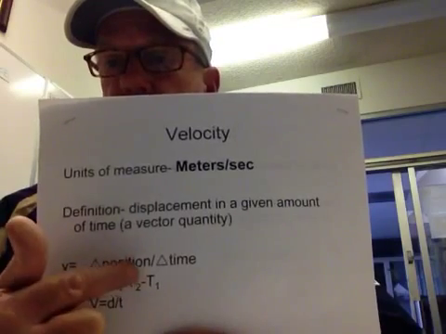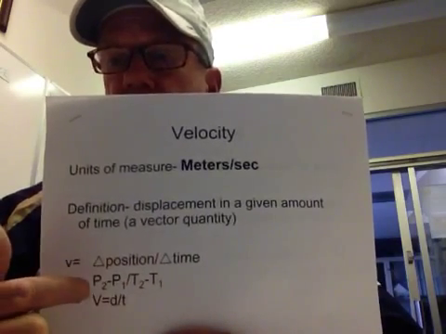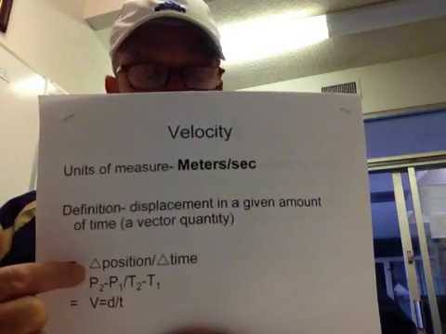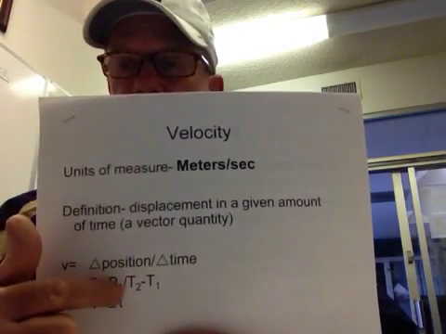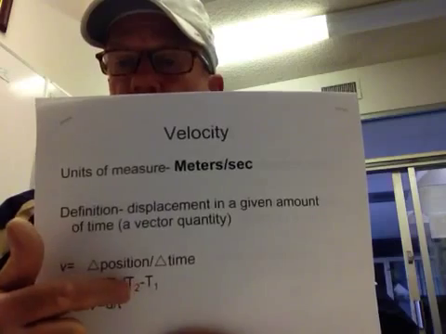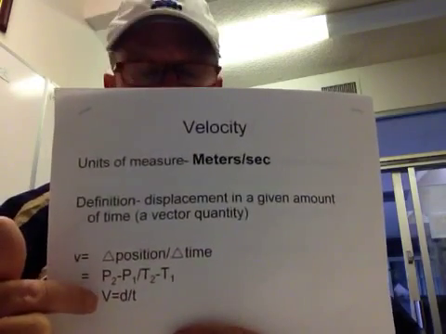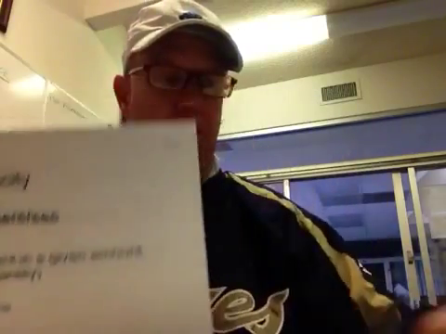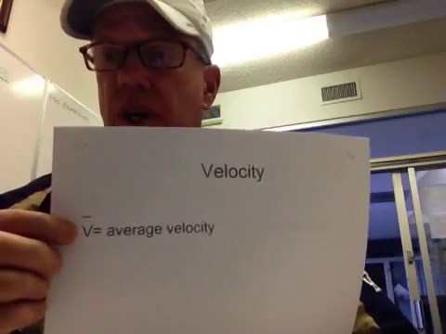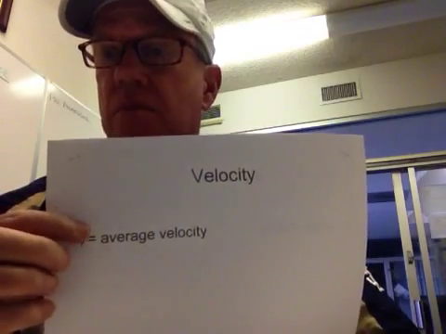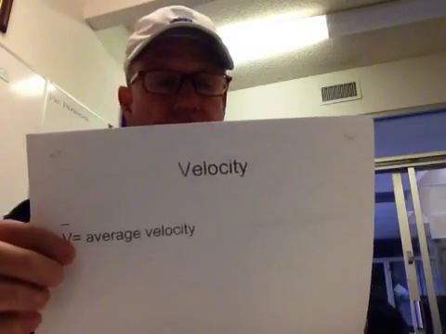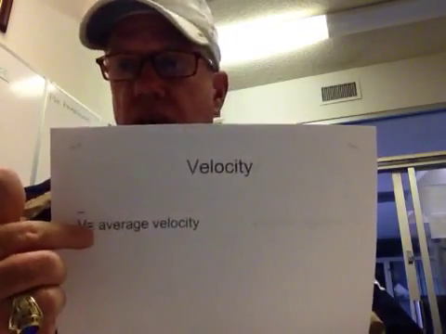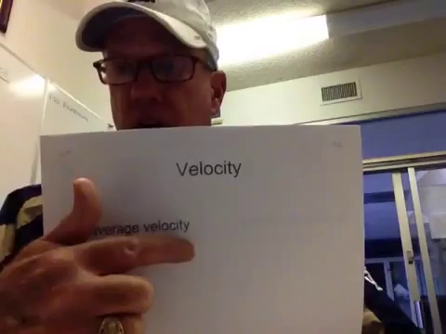So change in position divided by change in time, or we could say position 2 minus position 1 divided by the change in time. That gives you velocity equals distance or displacement divided by time. One thing that I want to share with you is that bar V means the average velocity, so a little bar over the V.